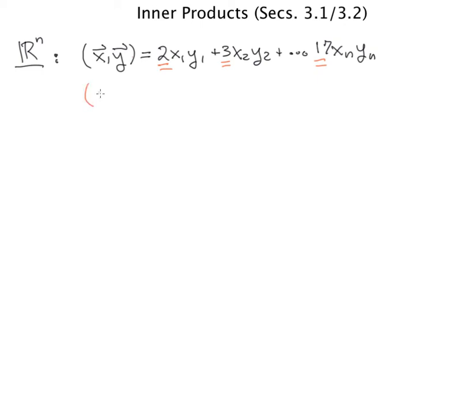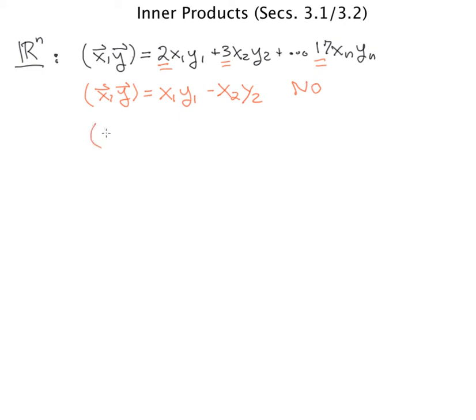Here's a non-example. If I took x dot y to be x1 y1 minus x2 y2, that's not allowed. Now, why is that? Well, it's not positive definite.